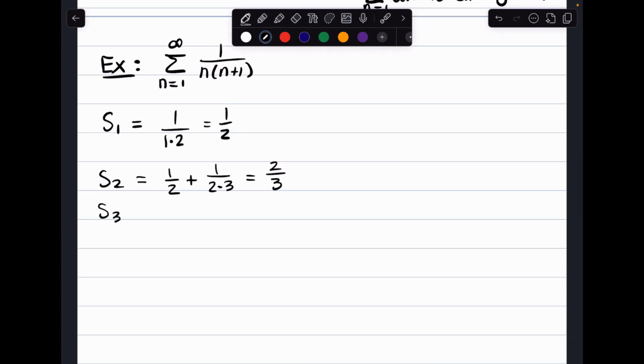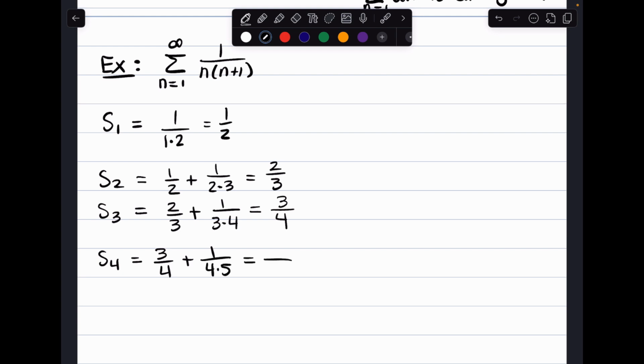I can look at S3, which is 2/3, my previous partial sum, plus the next term I would add, 1 over 3 times 4, which ends up giving me a 3/4 when I simplify. S4 is going to be 3/4 plus 1 over 4 times 5. And this, when you add and simplify, is going to give you 4/5.